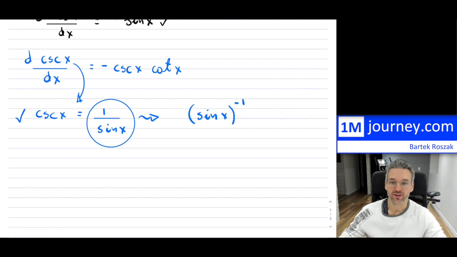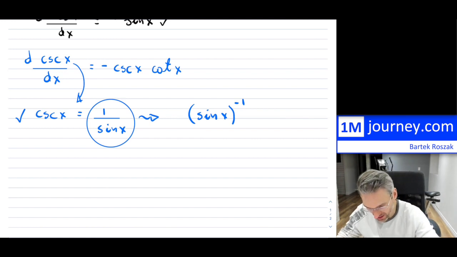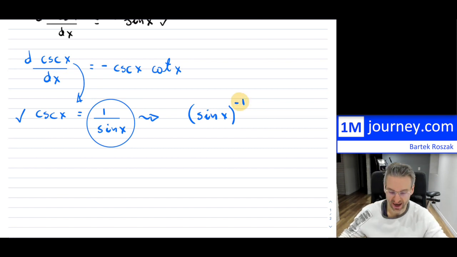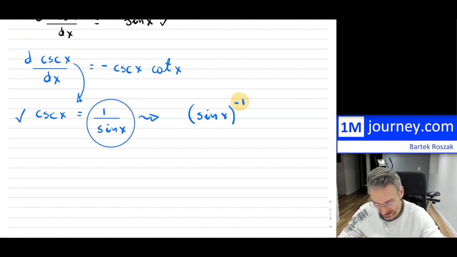We have a negative 1 as an exponent, and we are very comfortable taking derivatives of a function which is raised to an exponent.